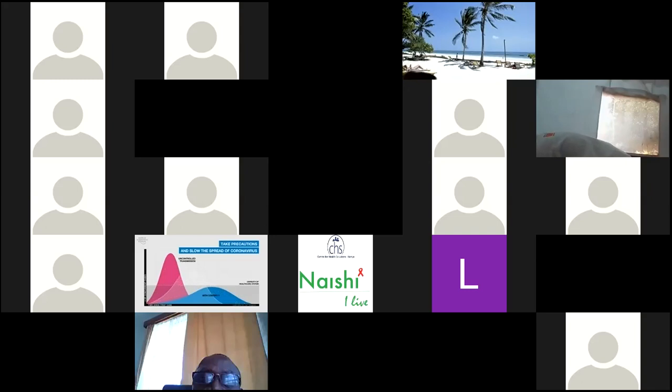Yes, there's that question for the linkage. The linkage that is there is not the true reflection for the sites covered by Naishi. I believe this is a documentation error as far as the eHTS and EMR documentation is concerned by the healthcare workers.